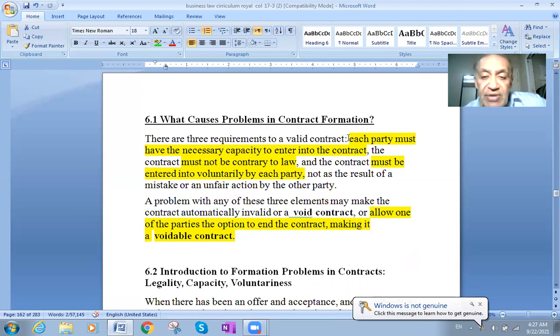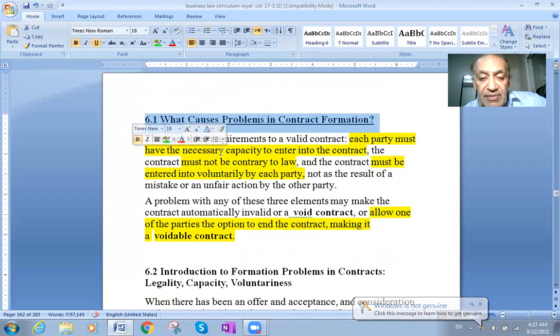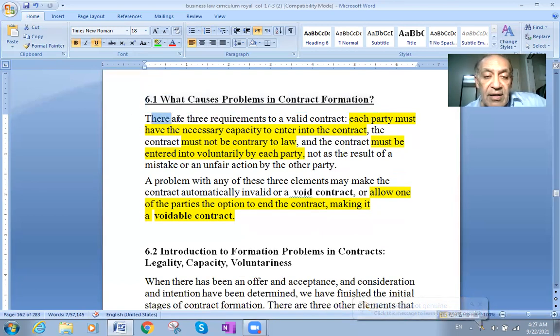What causes problems in contract formation? There are 3 requirements for a valid contract. Each party must have the necessary capacity to enter into the contract. The contract must not be contrary to law, and the contract must be entered into voluntarily by the parties.